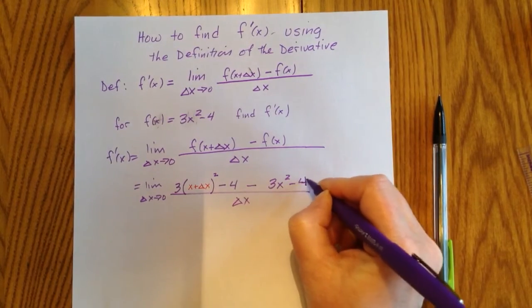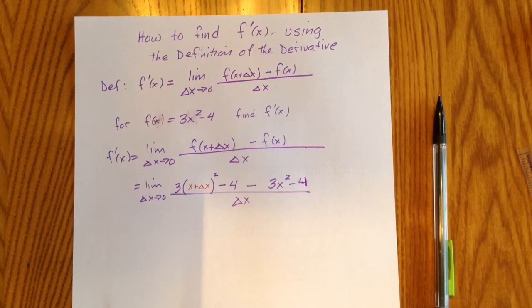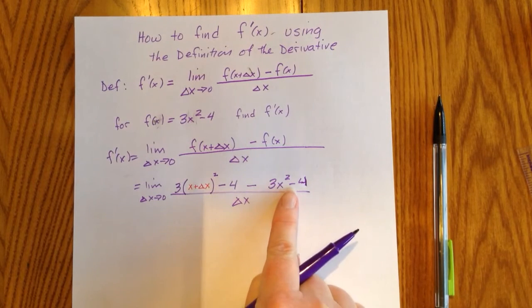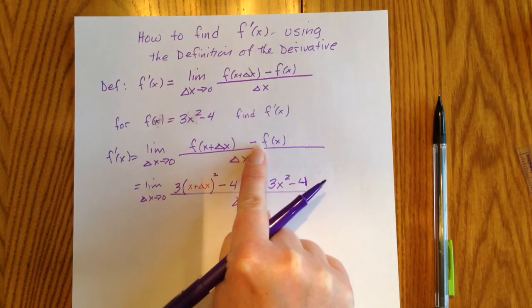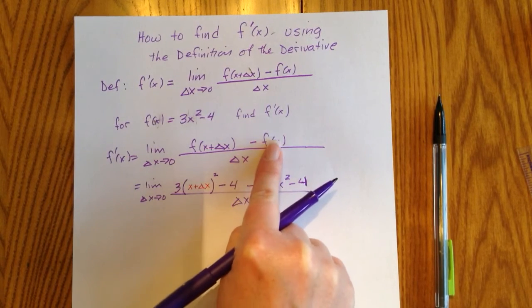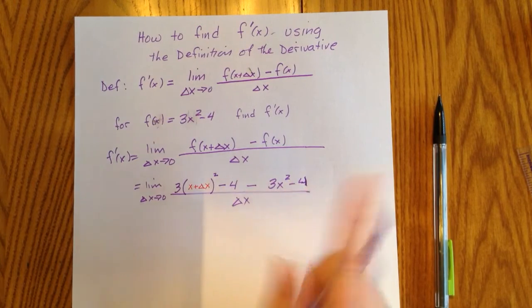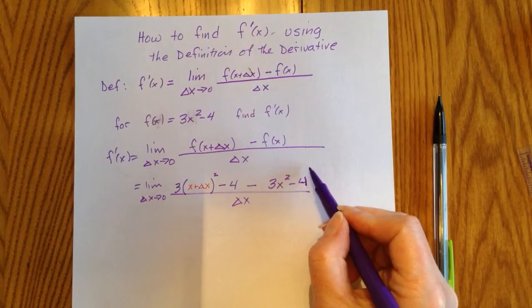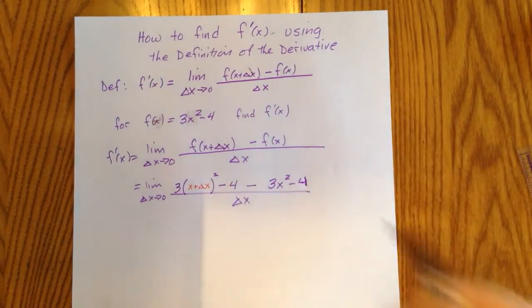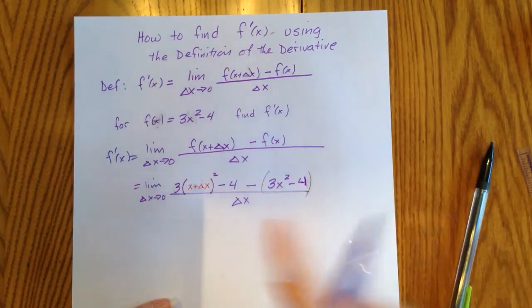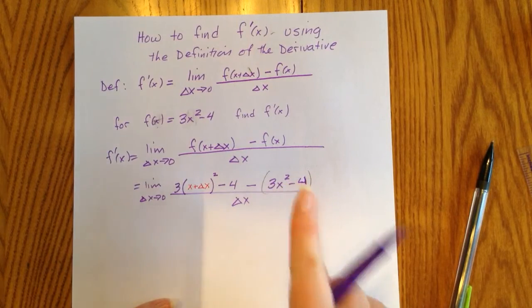Now, I have made a mistake. I did it on purpose. This is a learning moment. There's a problem right here. Why? It was minus the whole function. So if I'm going to write minus this function, I would need to put parentheses here and then distribute the negative.